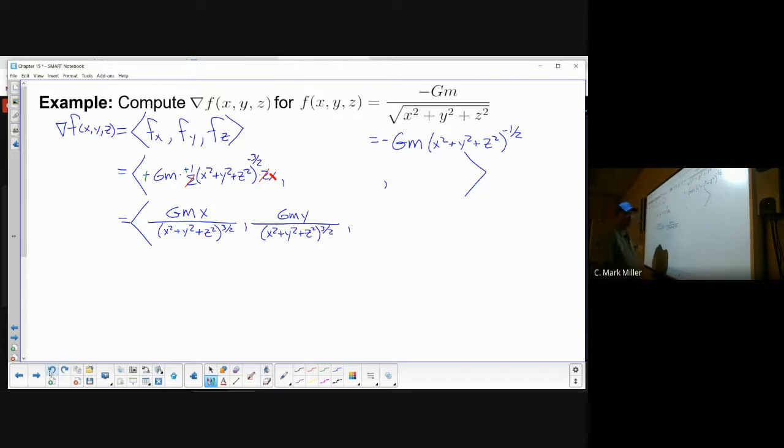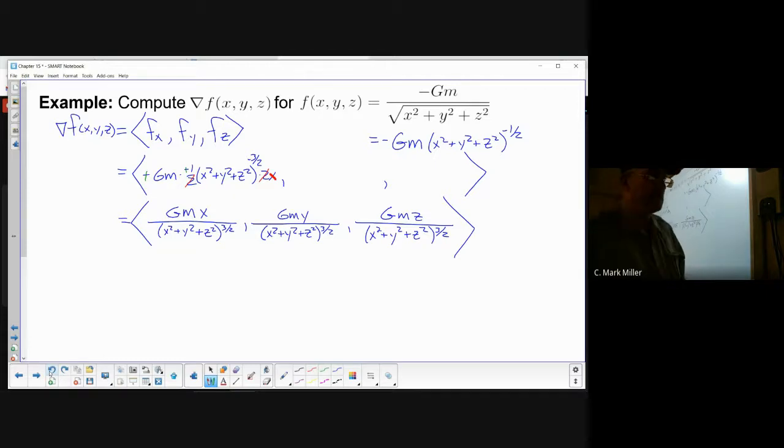And then gmz. All right. So look for those patterns.